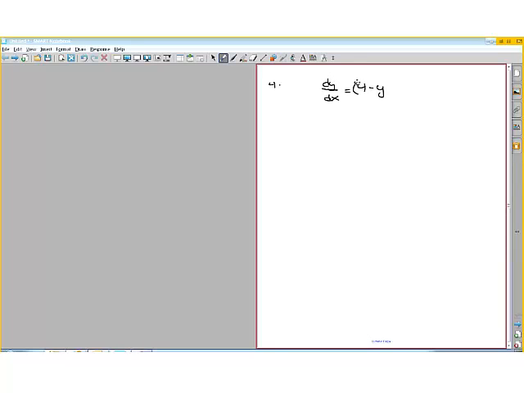So we actually divide by 4 minus y and multiply by dx on both sides of the equation. So what you'll end up with is 1 over 4 minus y times dy is equal to dx.